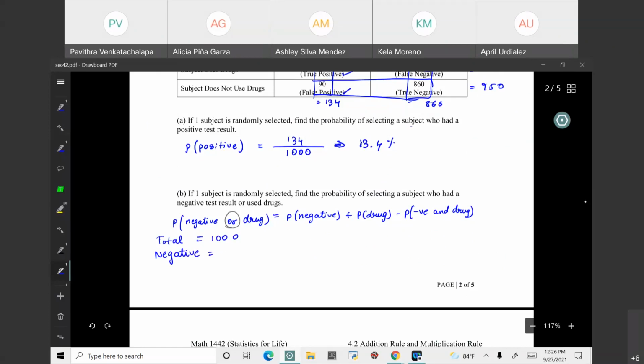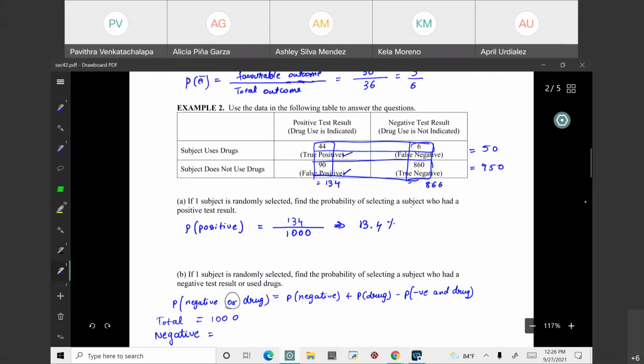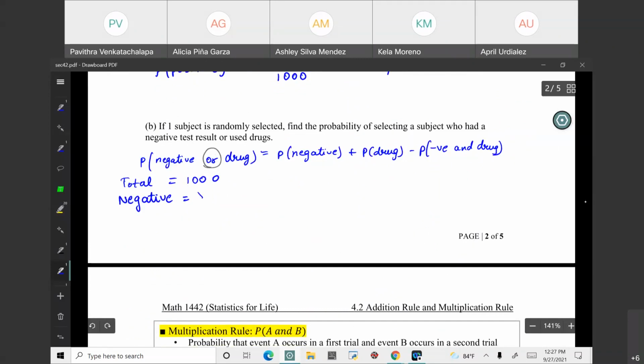I'm asking about the total. 866, right? Check with the column here, negative test result. So the total number of people tested negative is 866.